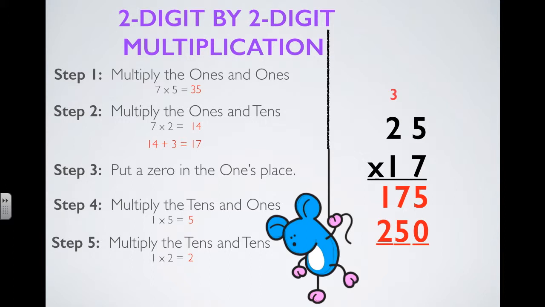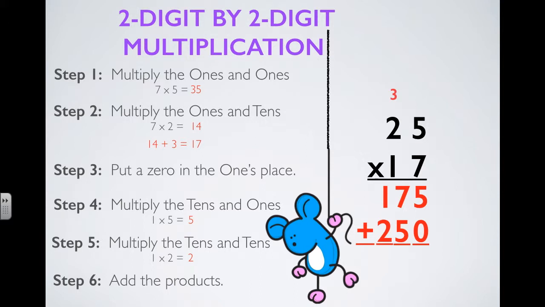Okay, so now here's the step that is probably the easiest for you. We're going to add our two products. 175 plus 250.